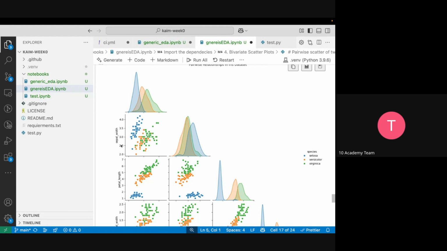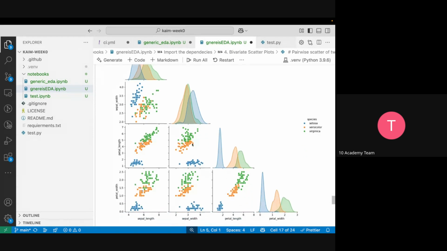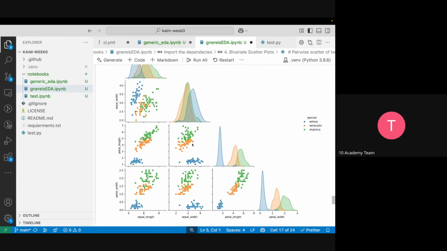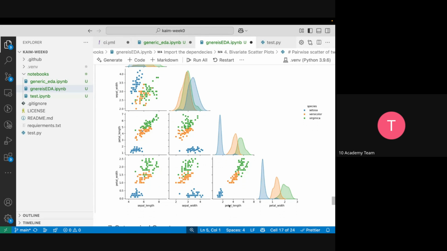But here you can basically see their relationship across all of the columns, right? So I think we have seen this: the petal length against the petal widths, the petal widths against the sepal length, the petal widths against the sepal width. So it's basically against everything, right?